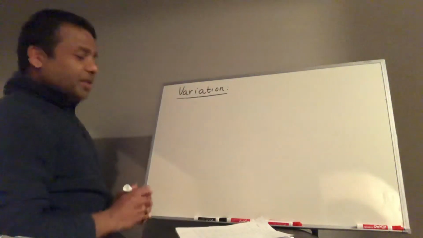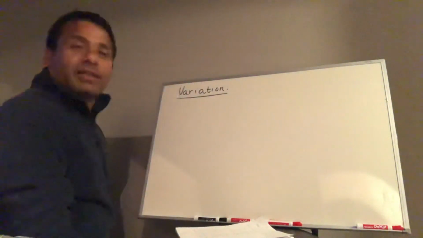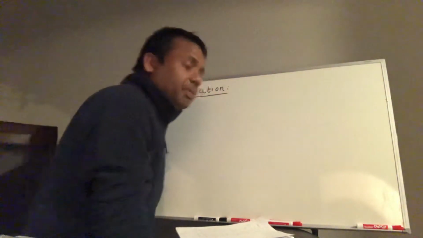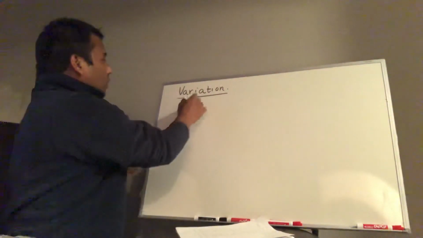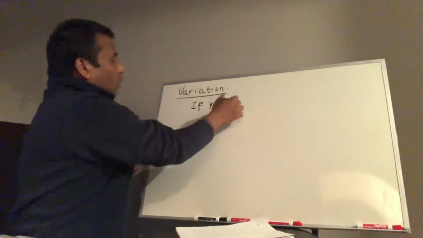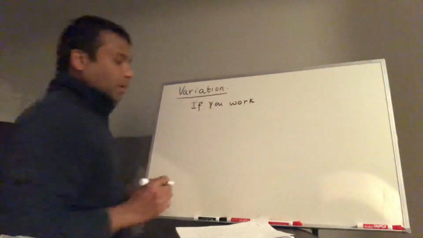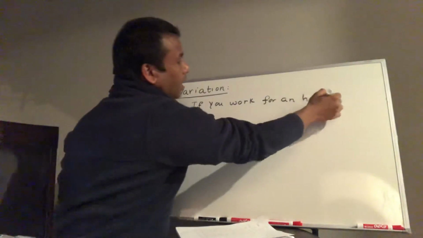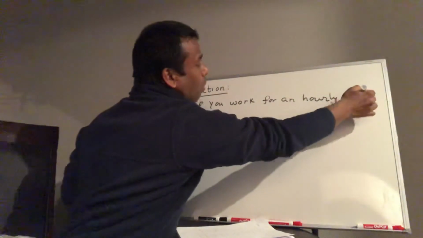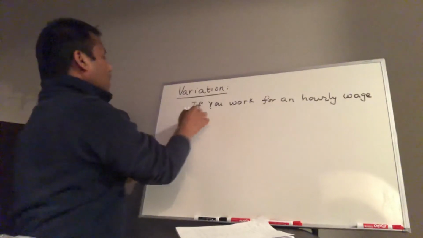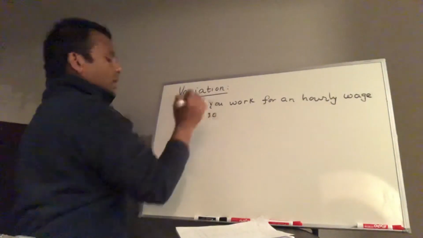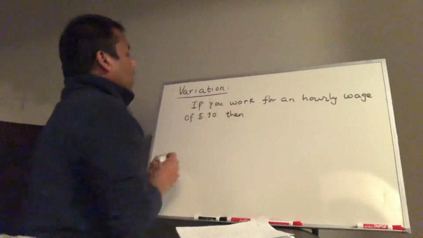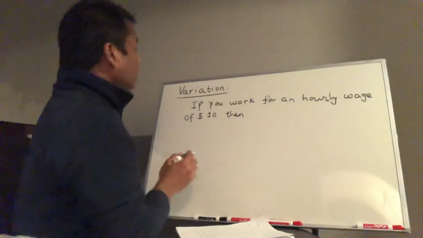Hello. So today we will discuss variation. Let me start with an example. If you work for an hourly wage of $10, so we have two variables here.